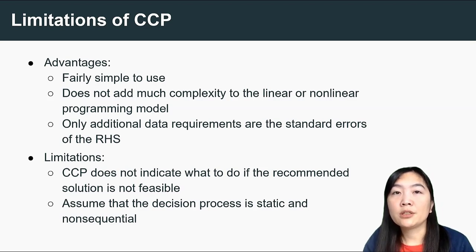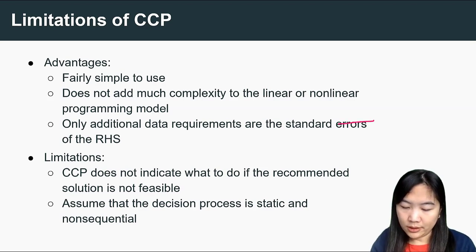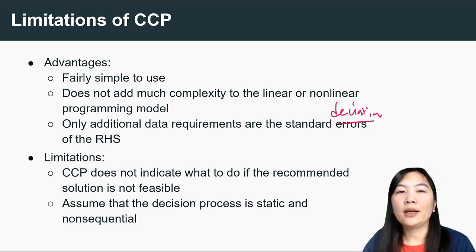All you need to change is the right-hand side value, depending on the Z alpha value that you choose. So the data requirement is also simple, and you only need past observations of the resource available, and then based on that data, you can calculate the mean, you can calculate the standard deviation of the right-hand side.